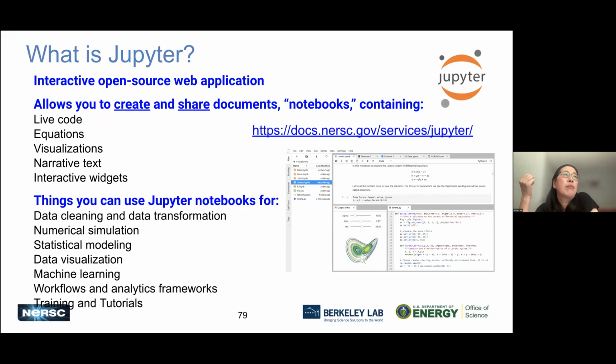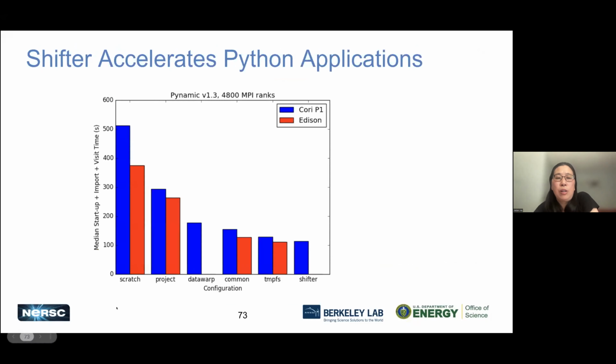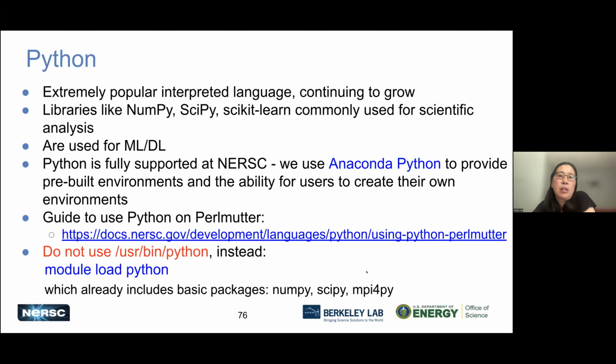Actually, I have a plot to quickly show you here. Do you see that? It's not CVMFS, it's tmpfs. CVMFS, I believe, is already a Shifter environment. CVMFS is provided by NERSC as a Shifter environment.